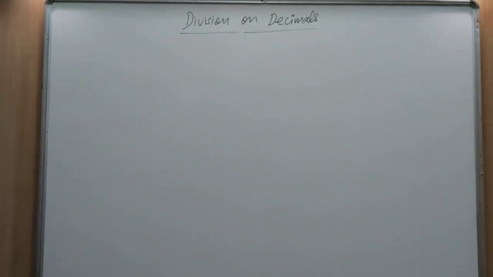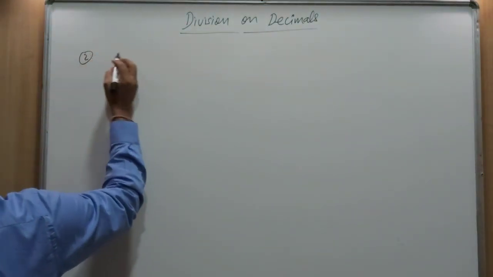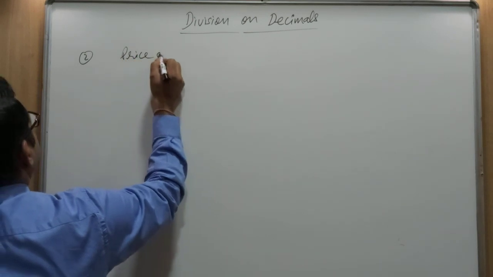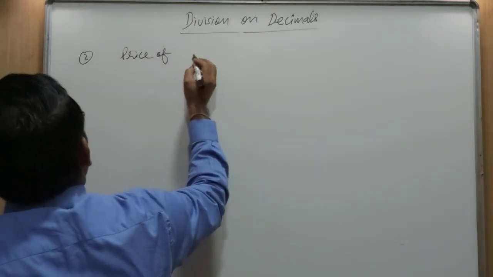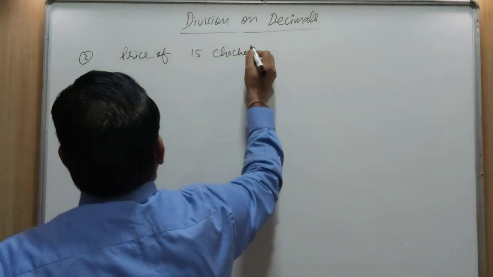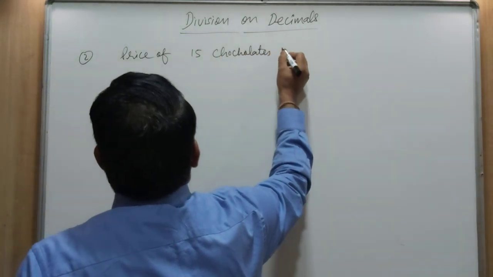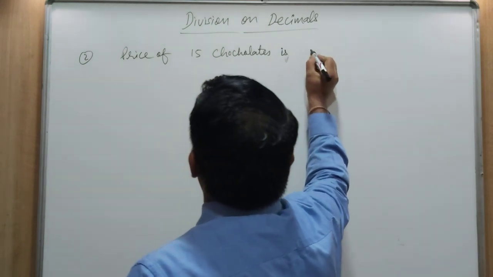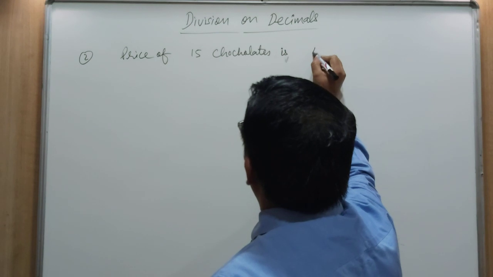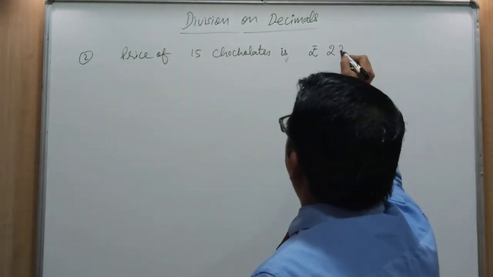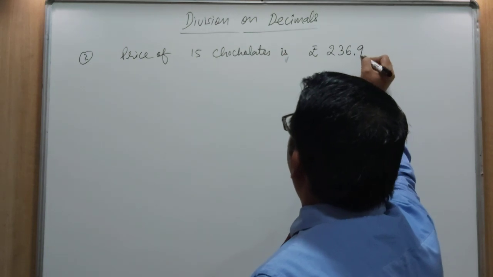Now one more word problem I am taking here. Price of 15 chocolates is rupees 236.90.